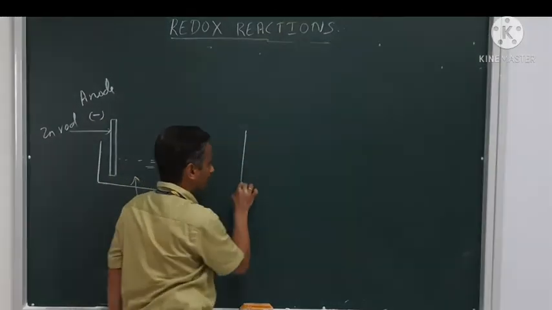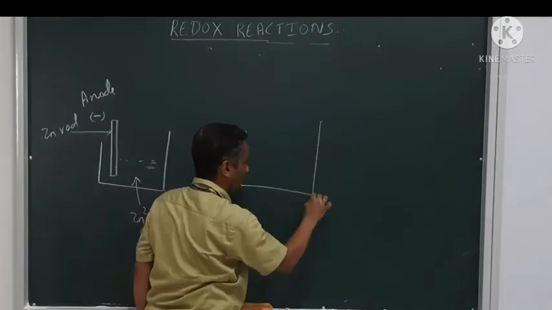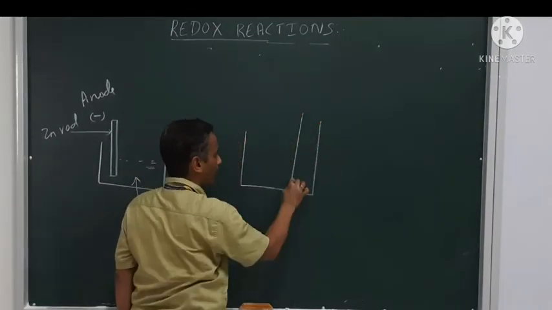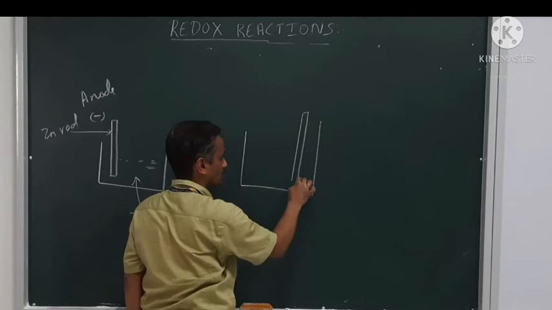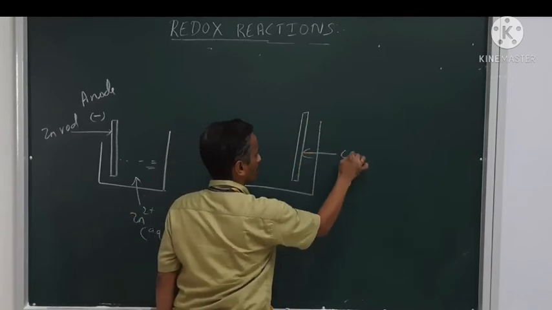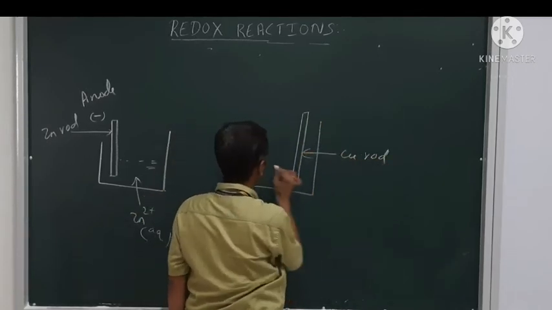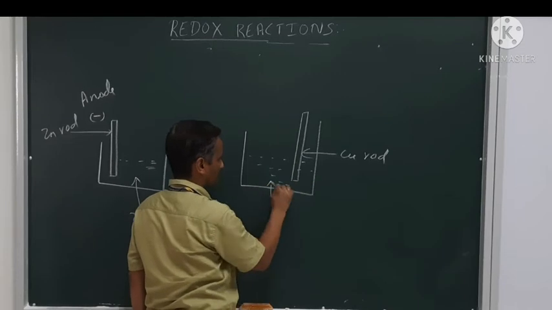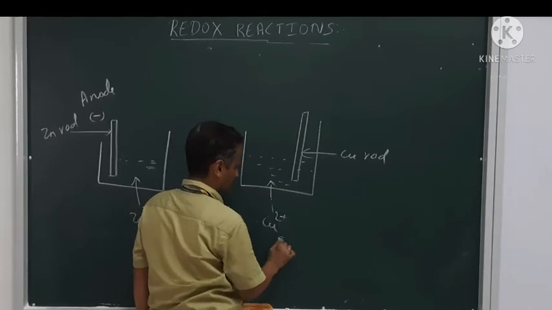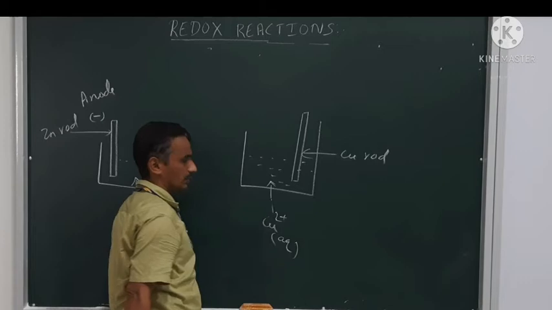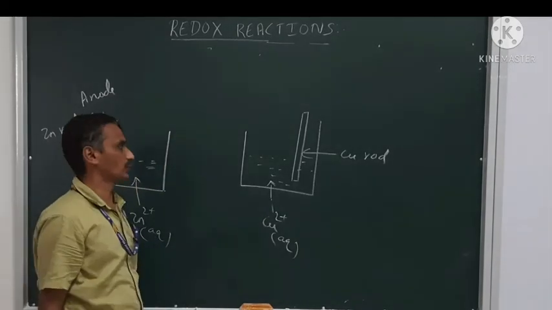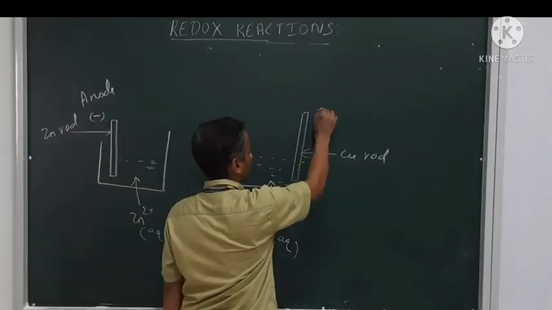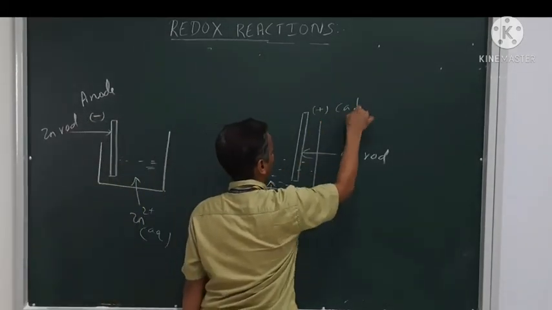Now, in another beaker or vessel, you take a copper rod, Cu rod, and keep it in Cu2+ aqueous solution or copper sulfate solution, and this is acting as the cathode.